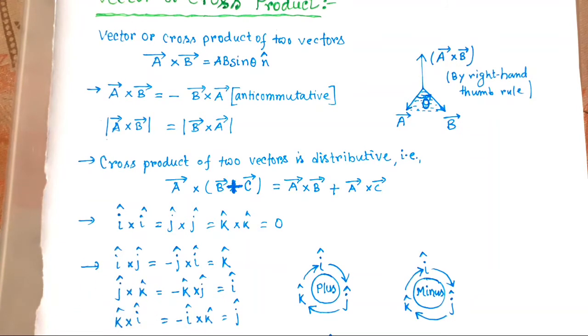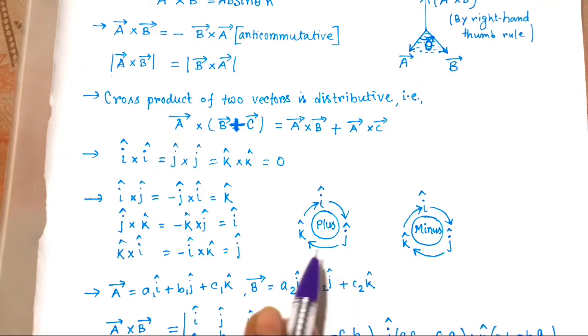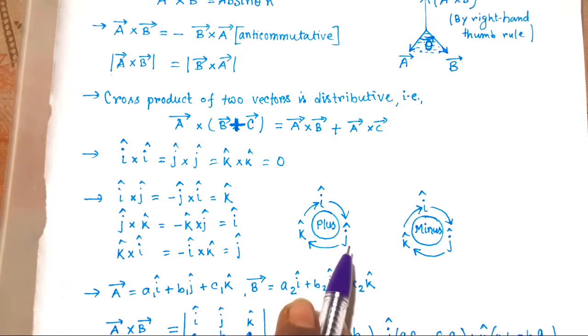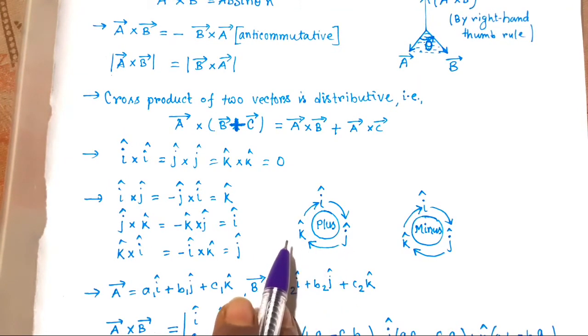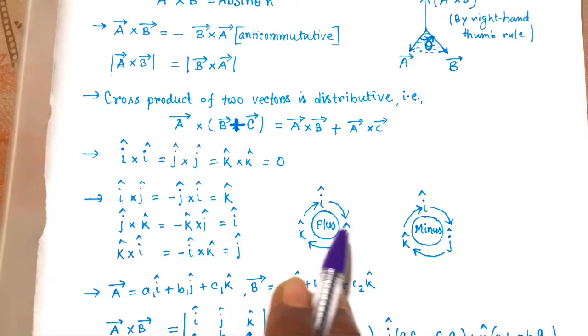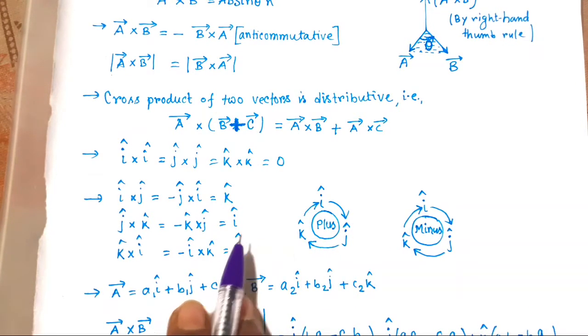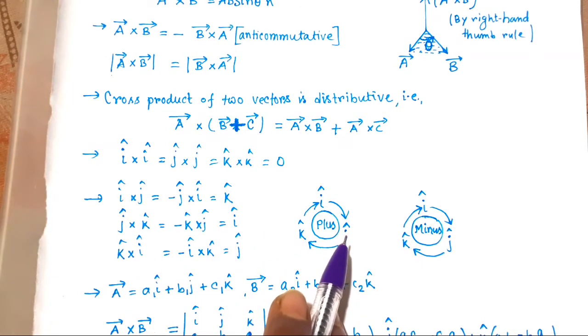Now i cap cross j cap equals k cap. So this is the rule: from i to j this is k, from j to k this is i. This is the plus direction. i cross j equals k, j cross k equals i and k cross i equals j.